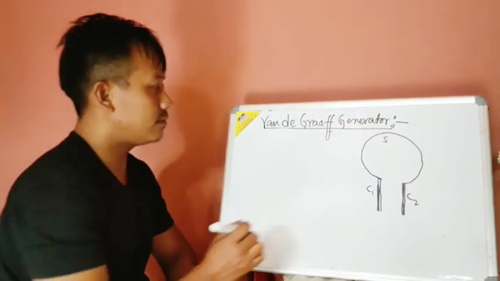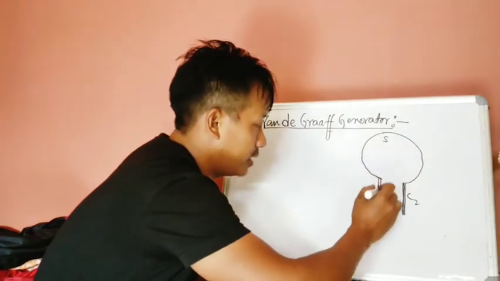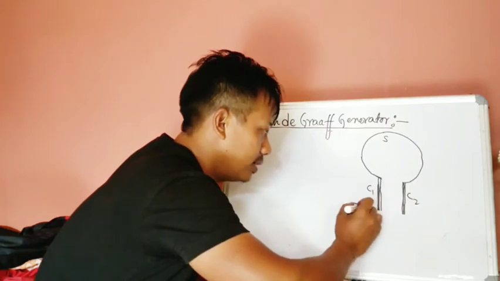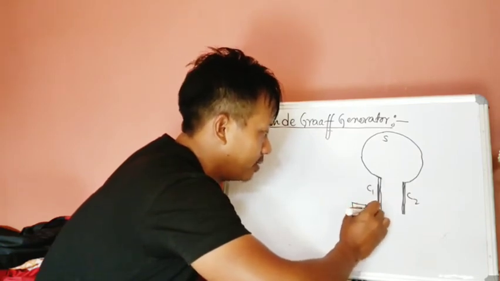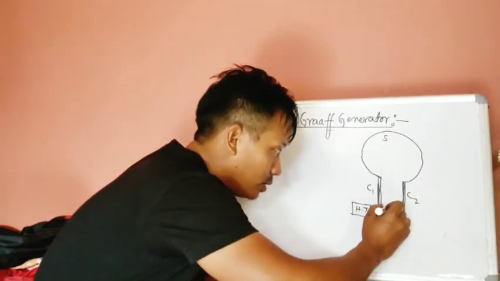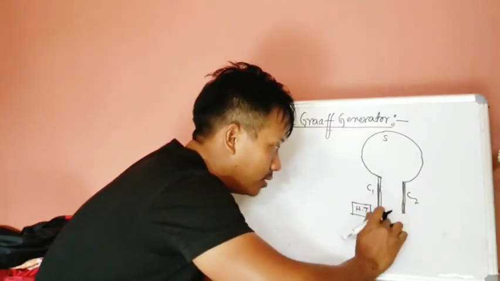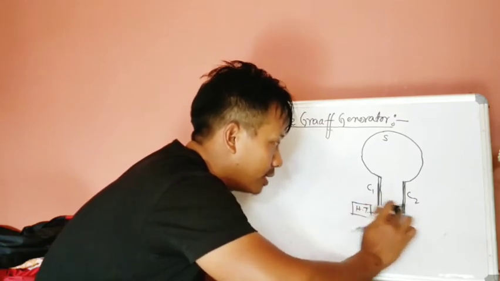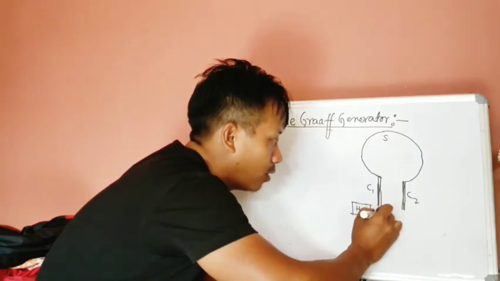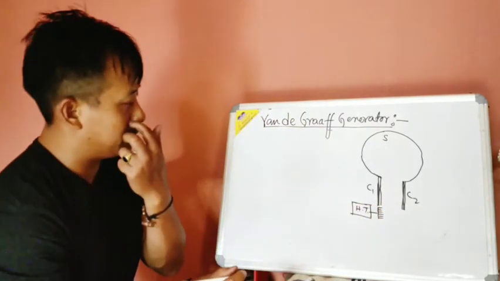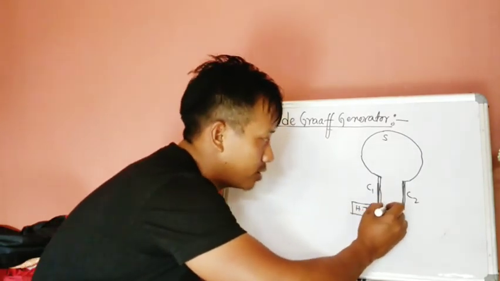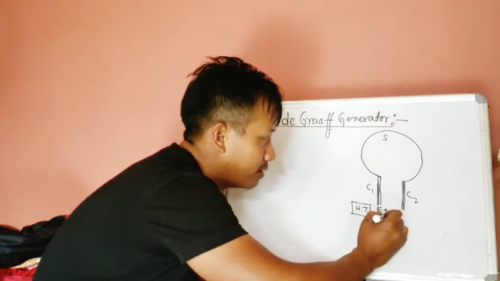Within this cell, just at the base, you have a high tension supply, a high voltage supply. You connect it to the positive terminal, and you have a comb-like structure here. Let us say this is a spray comb. If it is connected to the positive terminal of the HT source, positive charges will be induced here.